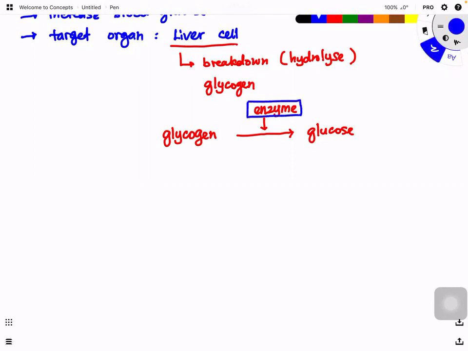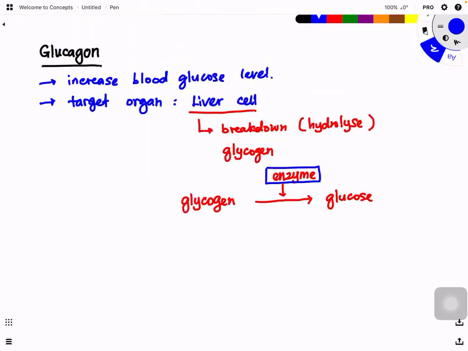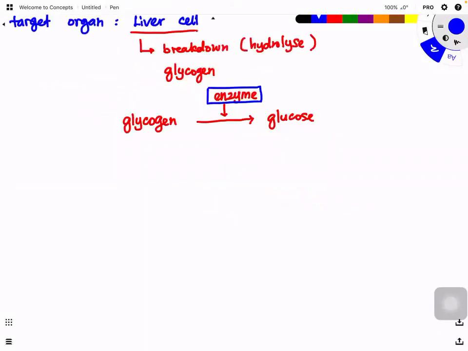But with the presence of glucagon, this ligand, the enzyme becomes activated. Therefore we release glucose because glycogen hydrolysis takes place. Are you clear?